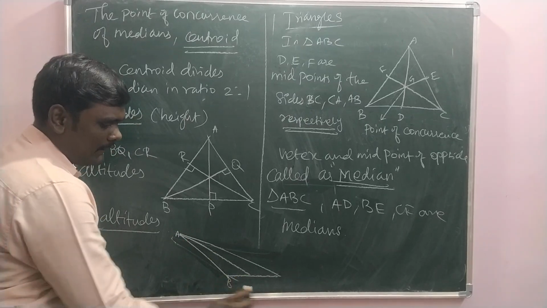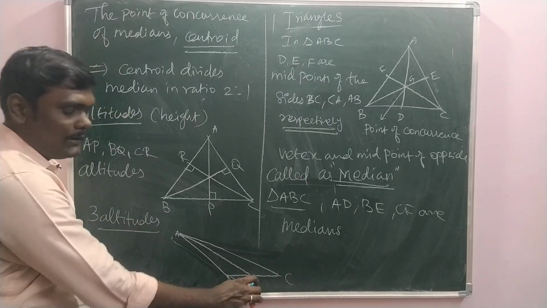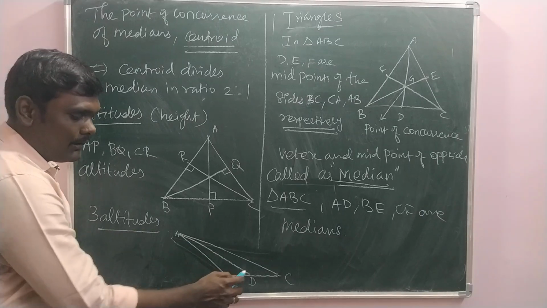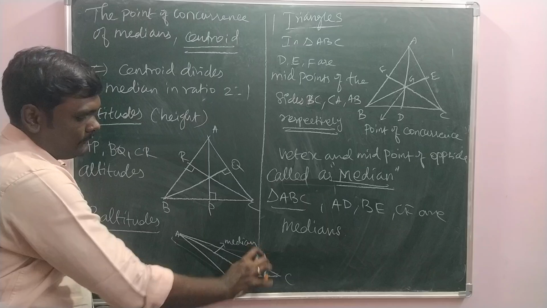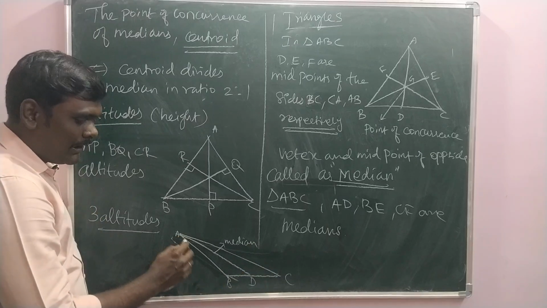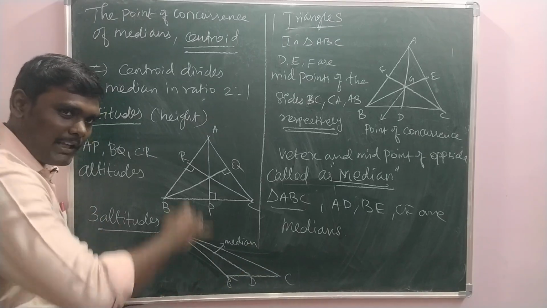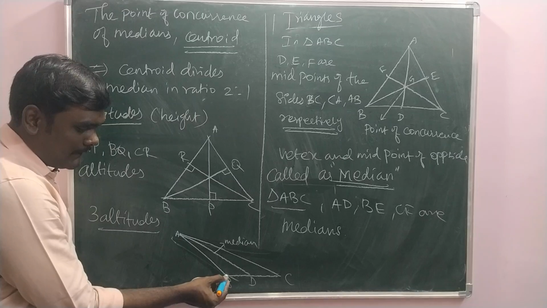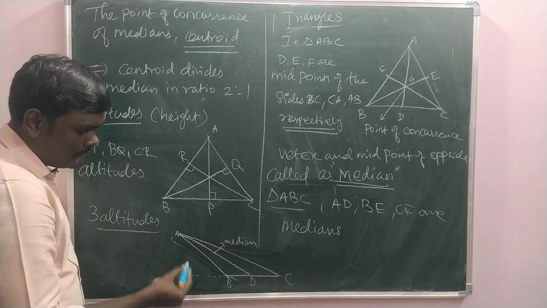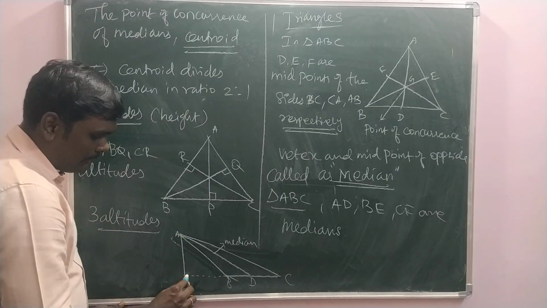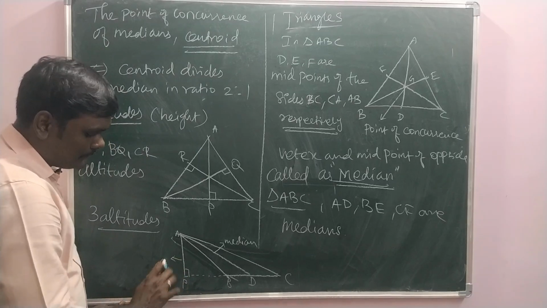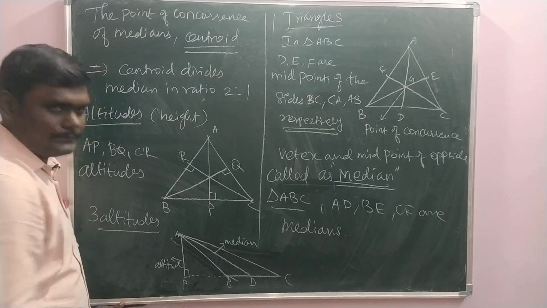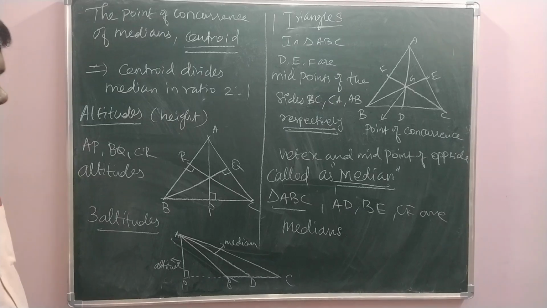We'll name it ABC as per tradition. Here is the midpoint, so this is called the median. Whereas for the height, the perpendicular distance, we can't draw a perpendicular of 90 degrees directly. We'll extend this somehow. If you draw the perpendicular distance now, this is the altitude. So both are different.